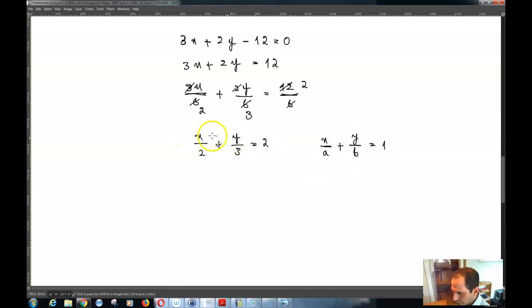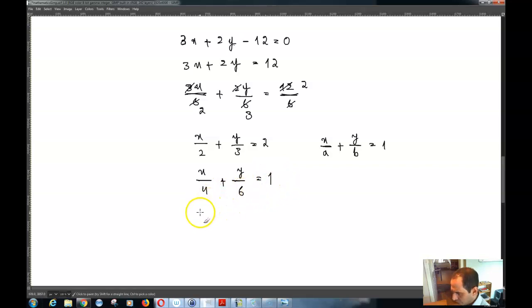So the coefficients of x and y are already 1, but you want to make this also 1, so you have to divide by 2. So you can write this as x divided by 4 plus y divided by 6 is equal to 2 divided by 2, which is 1.